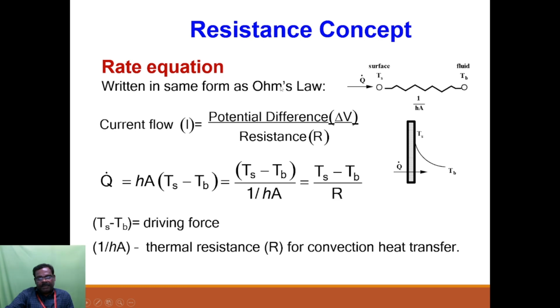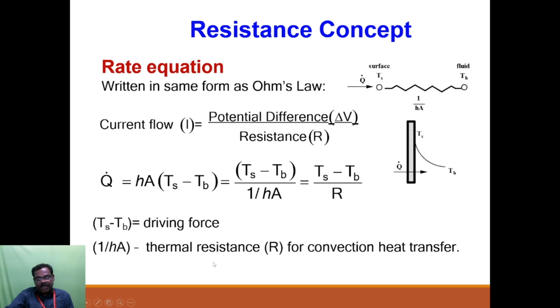Then, as we have seen in conduction, heat transfer equals difference in temperature divided by resistance. Here also we use resistance. In conduction R equals L divided by KA. Here it is 1 divided by HA.